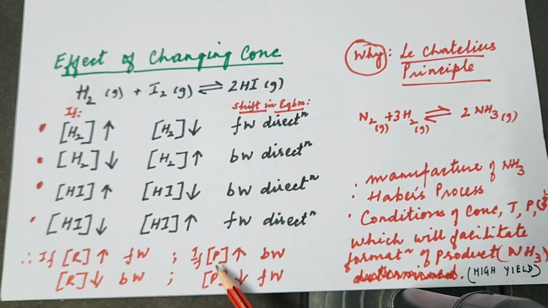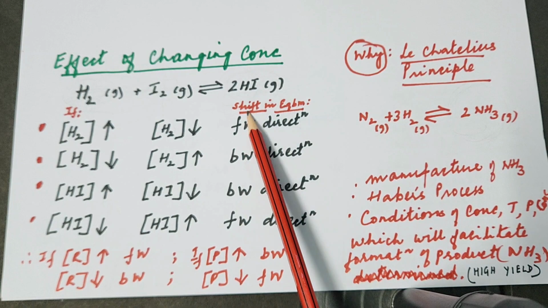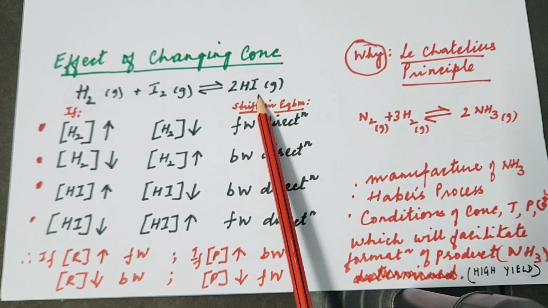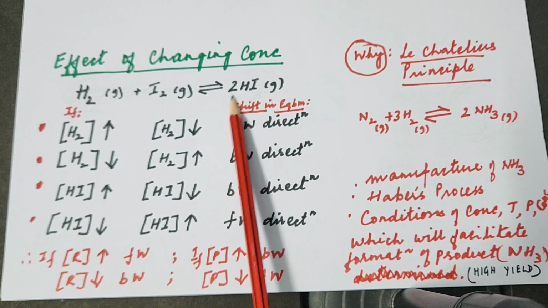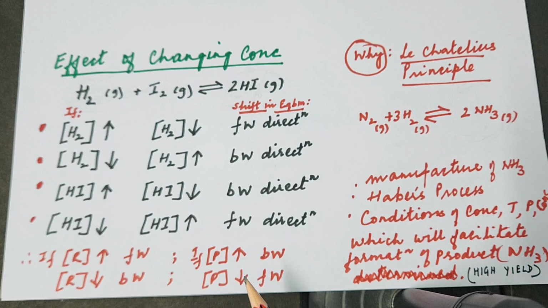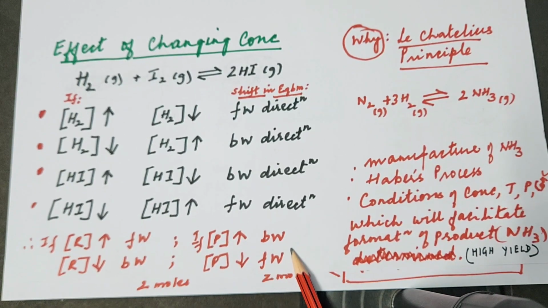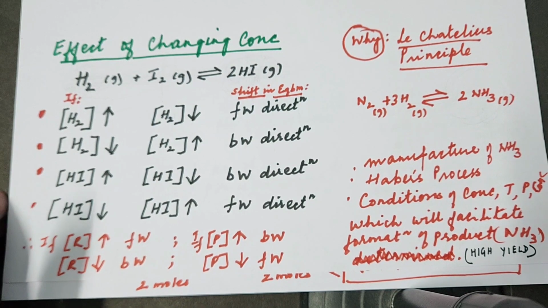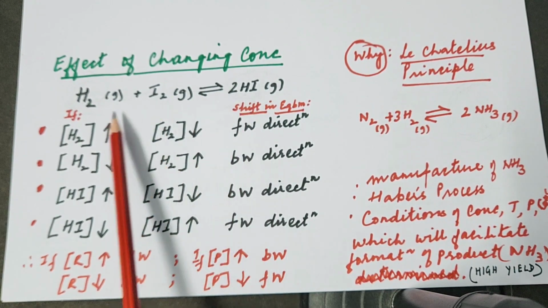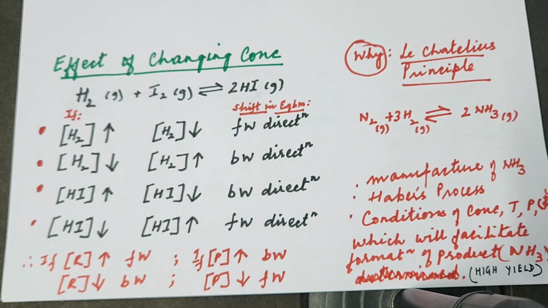For any product, if the concentration is increased, the system will try to use up that increased amount by moving in the backward direction. If the concentration of the product is decreased, the system will try to undo the change by increasing the concentration of the product. And how will that happen? That will happen if more of the product is produced in the forward direction.